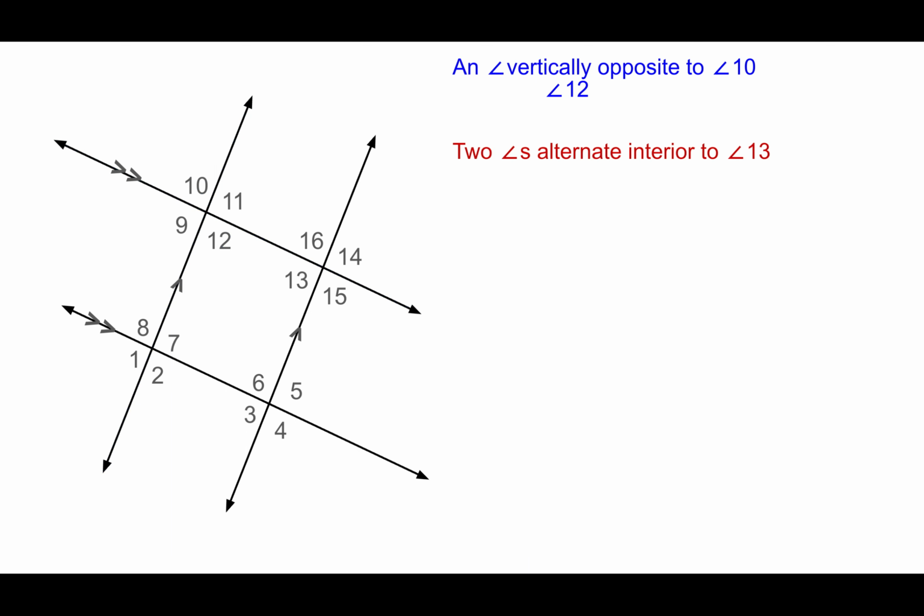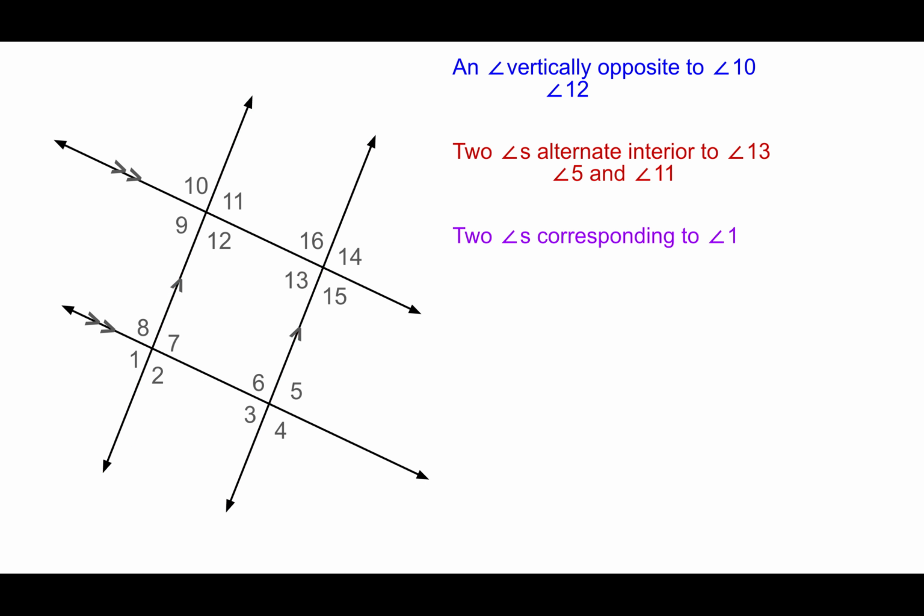Now let's find two angles that are alternate interior angles to angle 13. So if I make these lines red, hopefully that helps you see that I'm looking at these parallel lines and this is my transversal. So the two alternate interior angles, we could use angle 5. And then if I highlight the other red lines to show those, also angle 11 works.